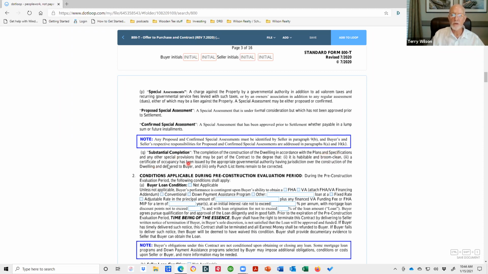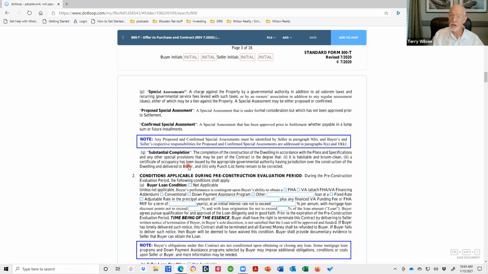A certificate of occupancy, that is important to remember. It is not considered substantially complete, even if it is fully built, even if it is swept clean, until they have also been issued a certificate of occupancy by the governmental authority, whether it's the city or the county.